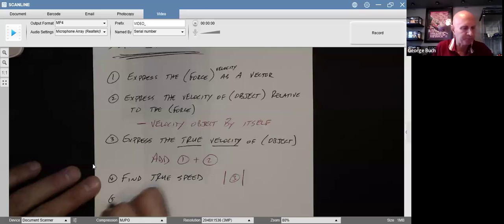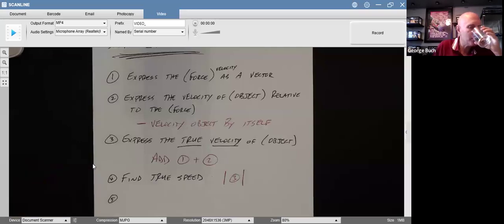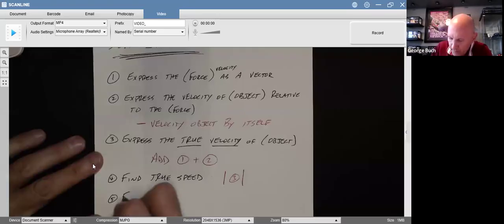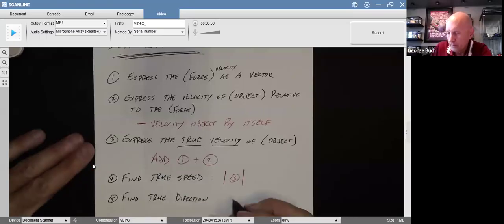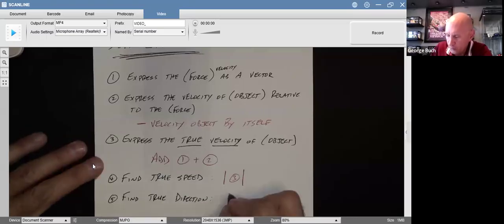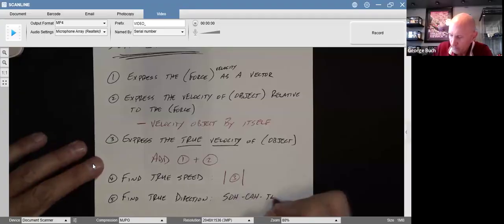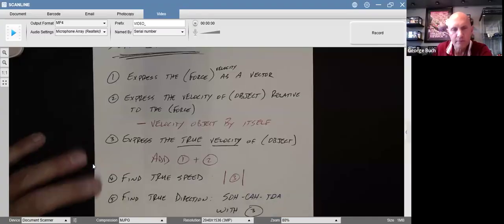And then lastly, find the true direction. And this is going to be SOHCAHTOA with vector number 3 that we found here.